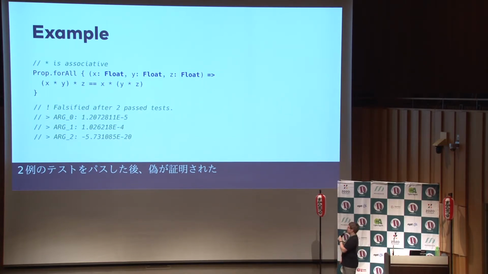So it does not satisfy this. And then it will tell you falsified after 2 passed tests, and it will give you the arguments that it has tried out for which it fails. And in this case, the precise reason for the failure doesn't really matter, but I mean, you can look it up, how floating point arithmetic works. But this is basically the output that the test framework will give you.